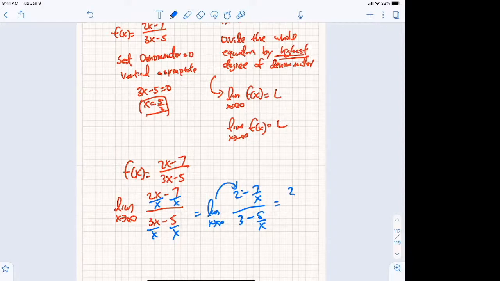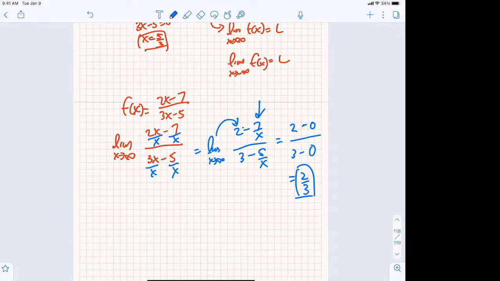It could be 10 years down the road, it's still going to be the same height, always 6 inches or whatever. So it's always 2. Now what happens to 7 over x when x approaches infinity? 0. 3 minus 0. So the answer is 2 over 3. Here's the reason why: it's not because you just memorize it as a coefficient. You actually do the math and let it reach infinity. So the answer is 2 over 3.